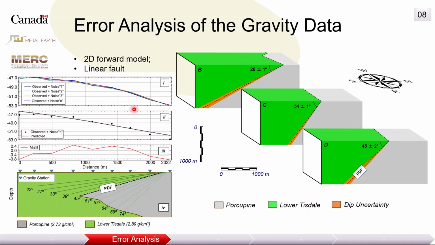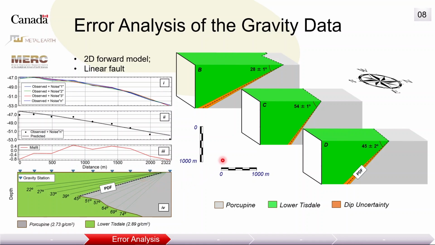So in this panel, we have four examples of the observed data plus some noise that was added. The dots are the observed data plus some noise, and the predicted data is based on, for example, this model here. The angle that has the low misfit, here in red, will be our Porcupine District fault dip.